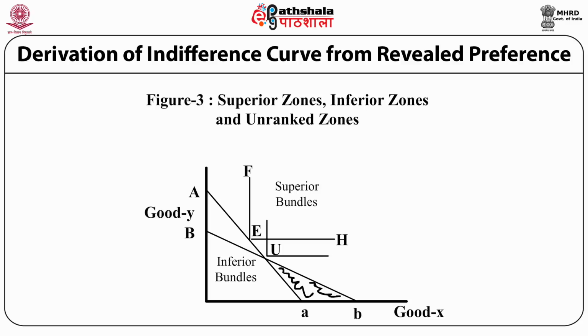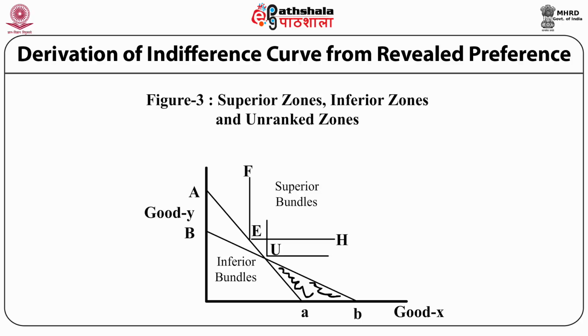These areas like FEA and HEa are not yet ordered, or we cannot conclusively say whether these are superior or inferior bundles compared to point E. To do that, we need to observe the consumer more in different price situations, or spend more time on the behavior of the consumer in different price situations.